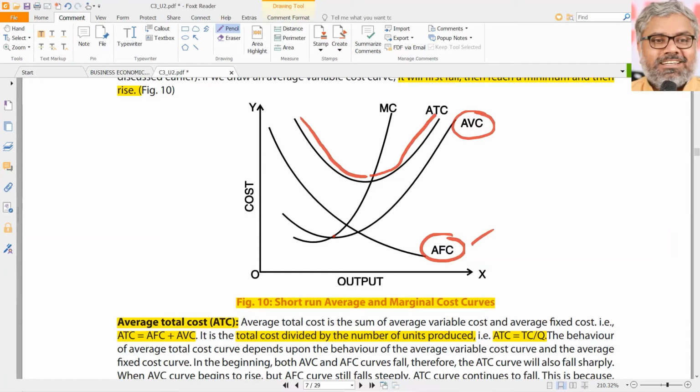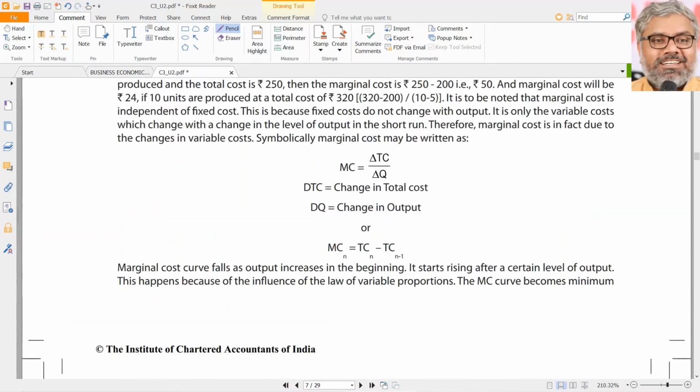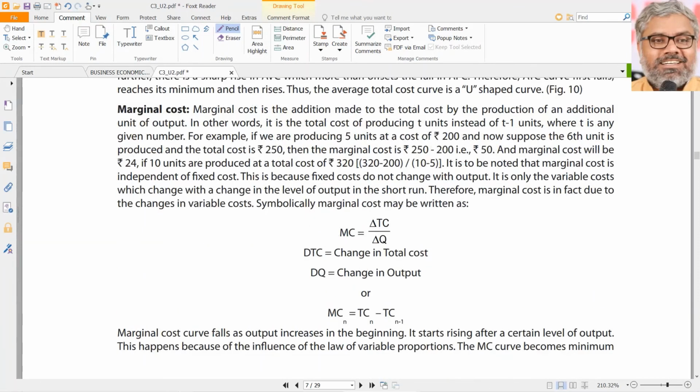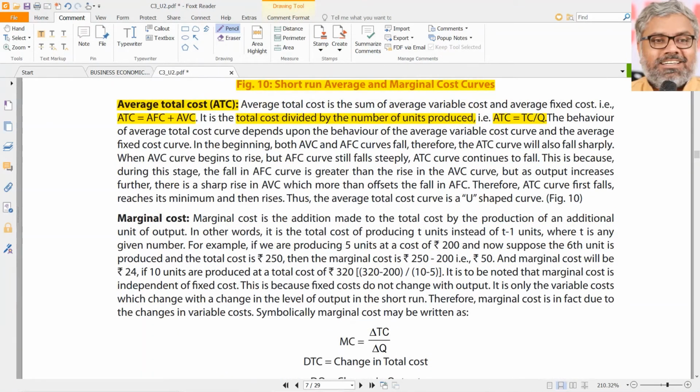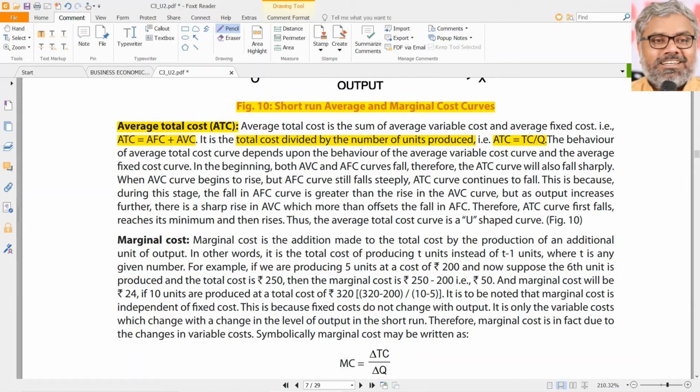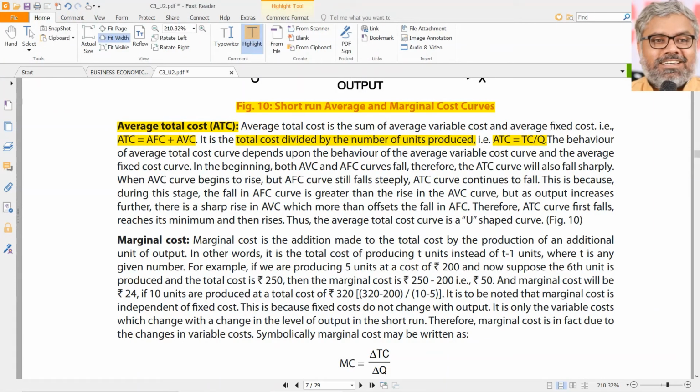But before that, let us quickly go through this explanation related to the average total cost. So the average total cost is what? Total cost divided by quantity, or average fixed cost plus average variable cost. Fine.